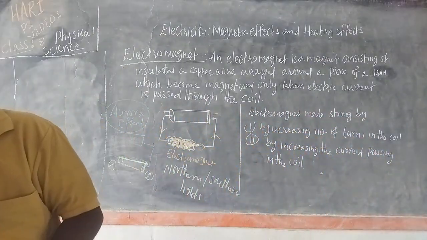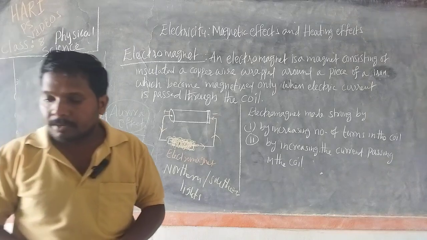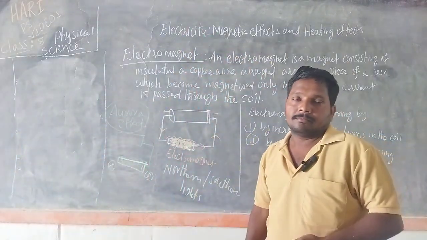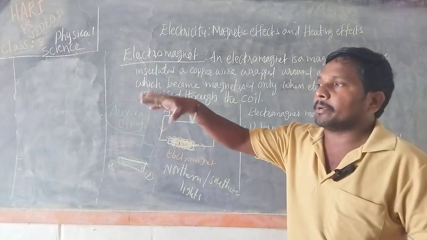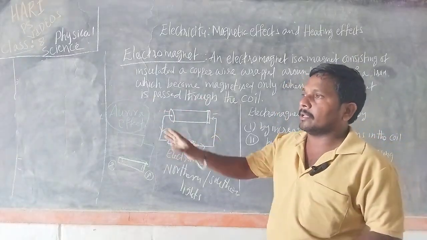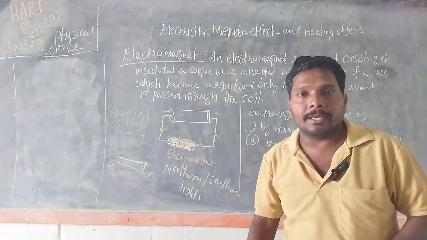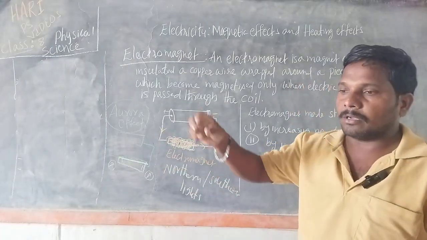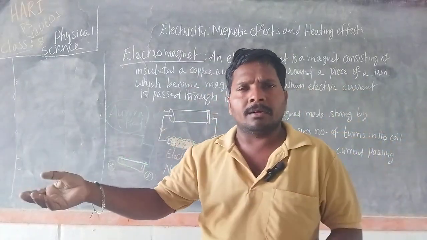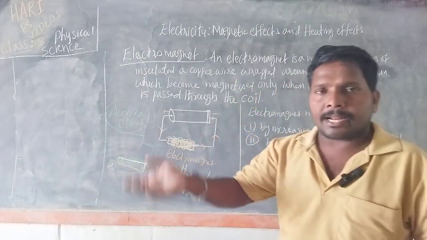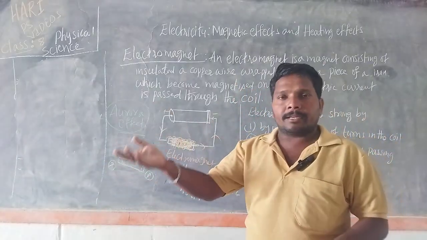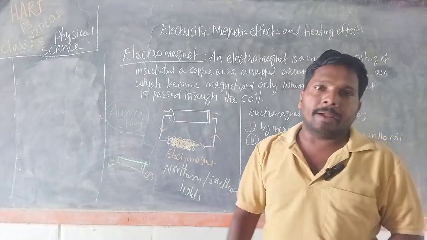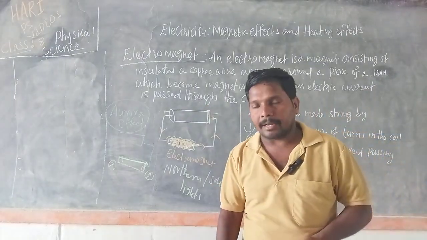Electromagnets are used to separate magnetic materials like iron and steel from garbage collected from households, shops, factories, whatever, the scrap. From the scrap we can separate metal scraps using electromagnets.